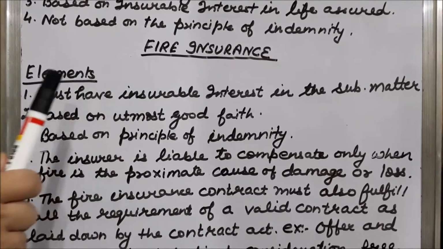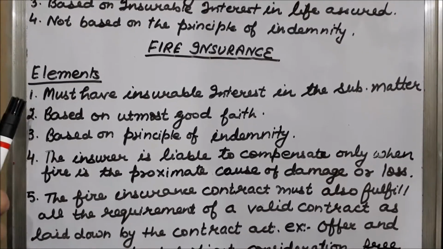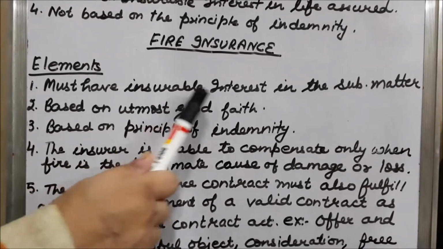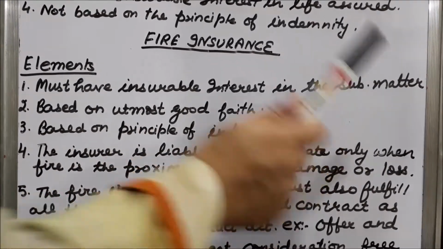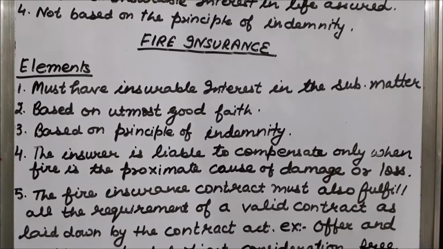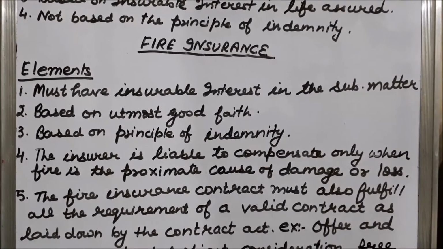Now I will discuss with you the elements of fire insurance. First element is that the insured must have insurable interest in the subject matter of the insurance. The person who is taking the insurance policy must have insurable interest in the property.